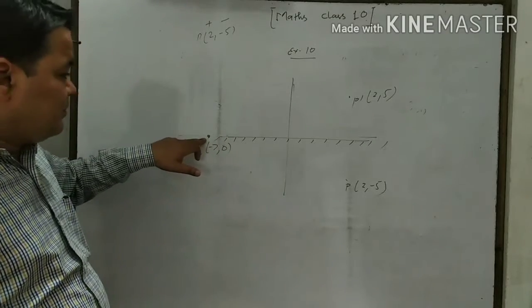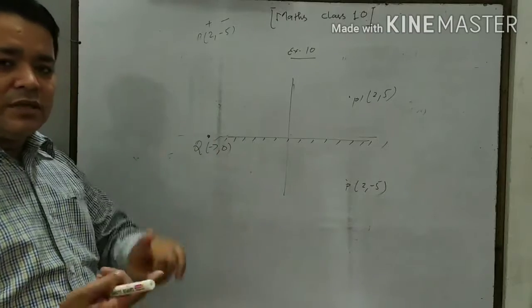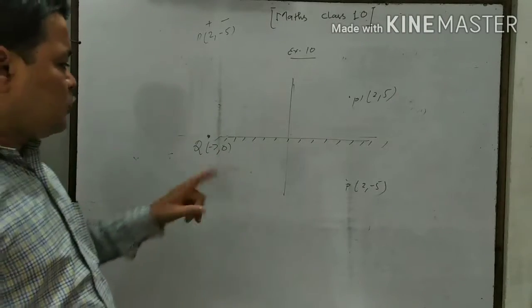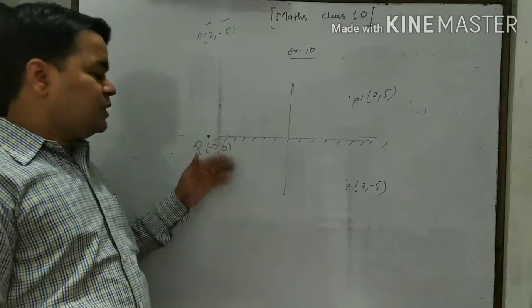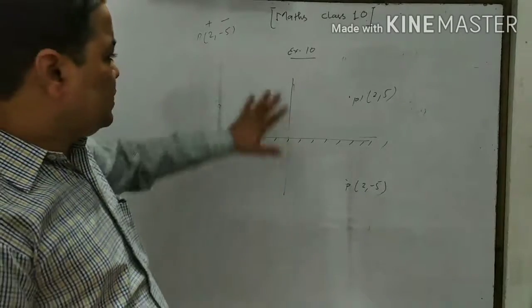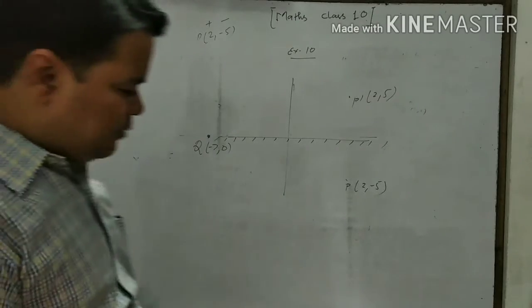In this condition, the image will coincide with the object point. It means the coordinate of the image and the coordinate of the object will be the same. Here point Q is an invariant point in this situation.